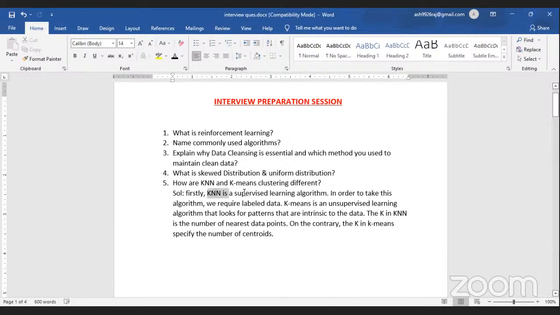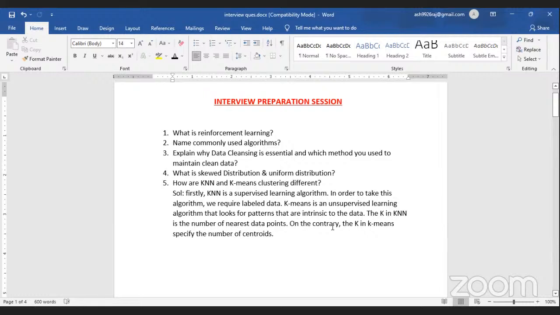So KNN is a supervised learning algorithm. In order to use this algorithm, we require labeled data. And K means is an unsupervised learning algorithm that looks for patterns that are intrinsic to the data. The K in KNN is the number of nearest data points.